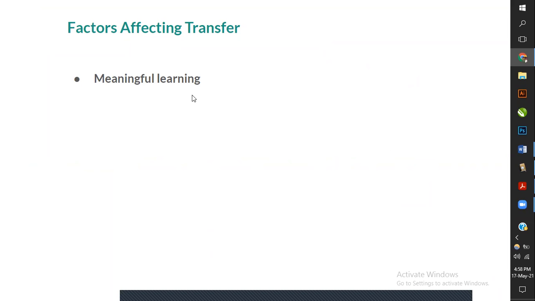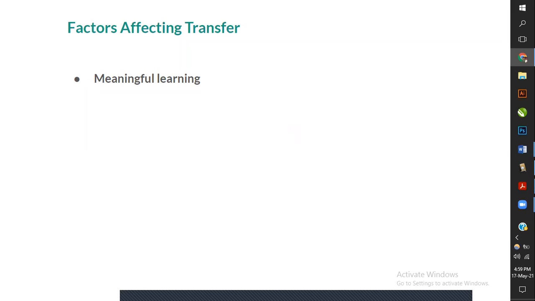So meaningful learning helps students engage in transfer. Just imagine, I'm a very English based student, or a very mathematics based student, and I want to transfer my mathematics onto maybe agriculture.